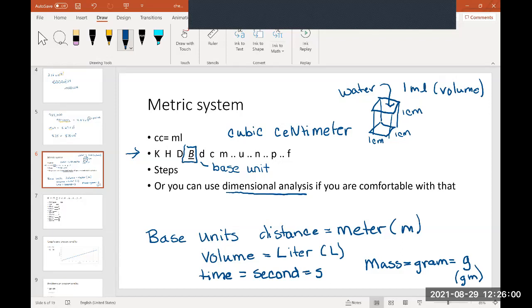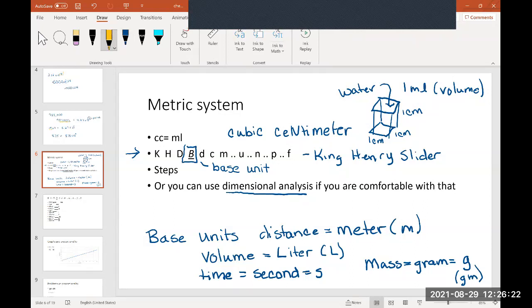Now, King Henry slider. Why do we call it that? It's because there is an acronym to remember all of these letters in order. They go from left to right.